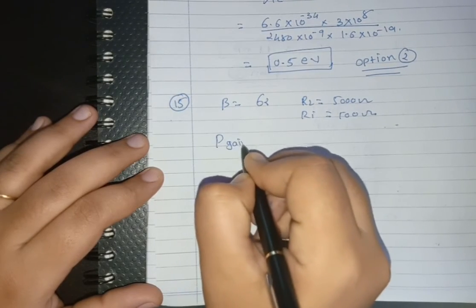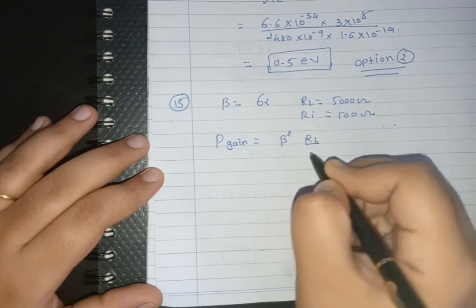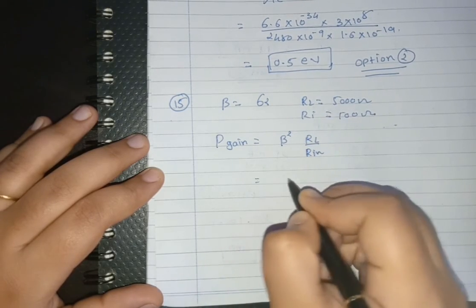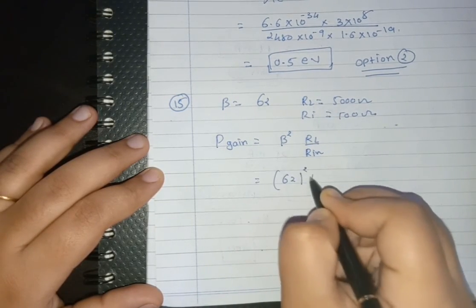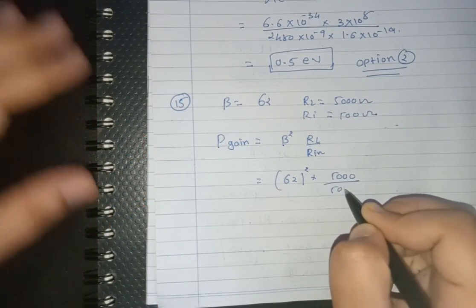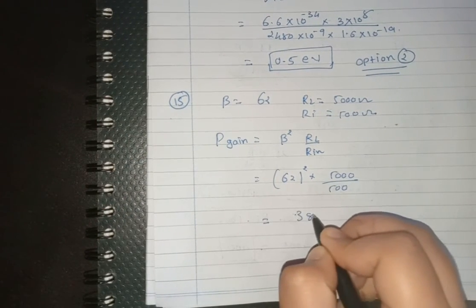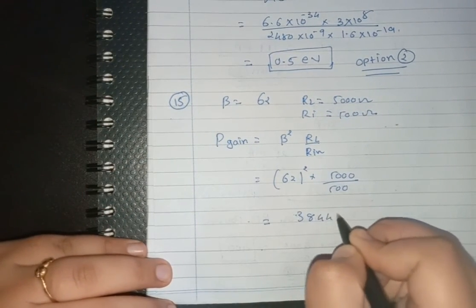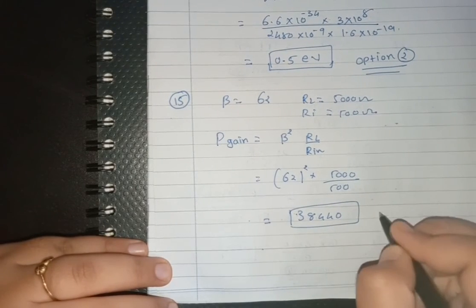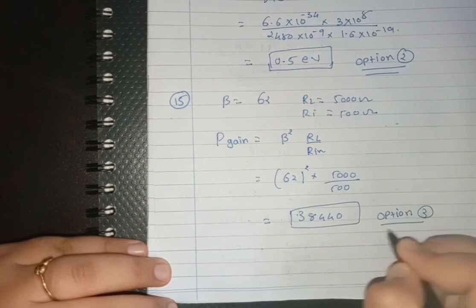The power gain is given by beta square RL by Rn. So that will be 62 square into 5000 divided by 500. Simplify this, we'll get answer 38,440. So option 3 is correct option.